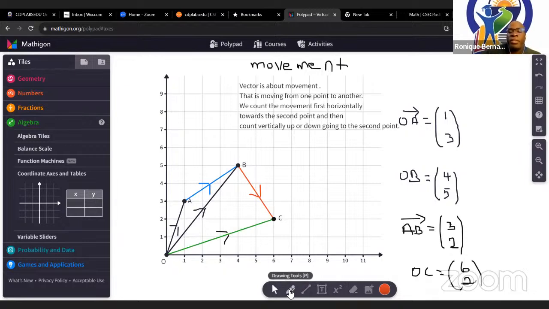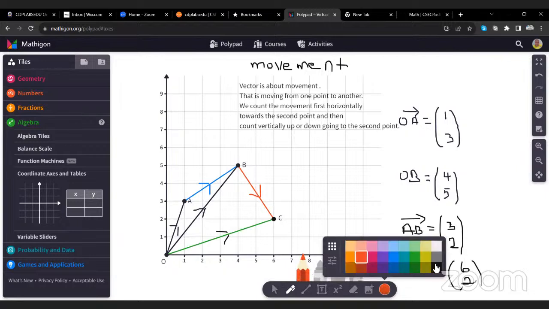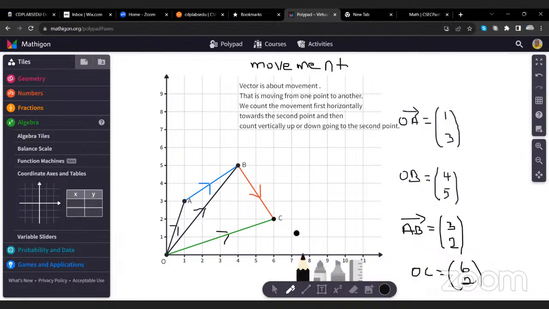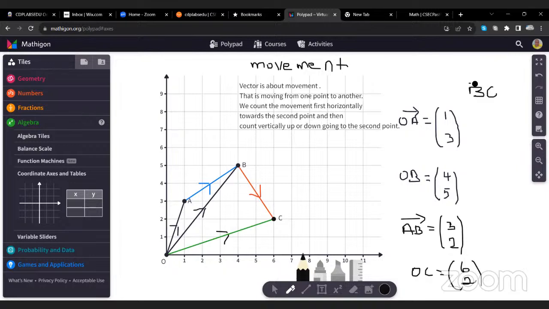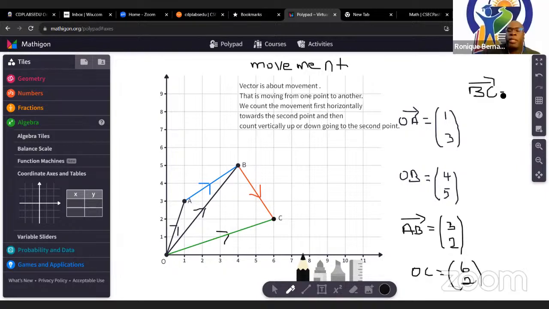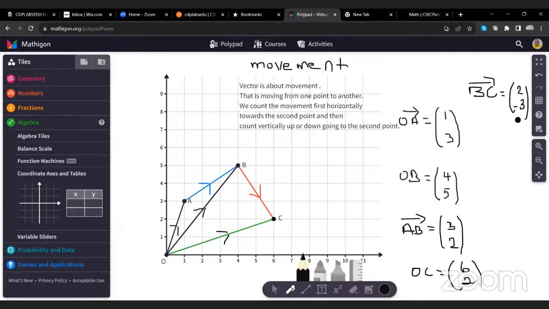What's the vector for BC now? So 2, 3, 2, 3, negative 3. Very good. So BC, negative 3, correct, sir? Yes, that's correct. No, it is 2, negative 3. Why did you say negative 3? Tell us why it's a negative 3. Right, go down, sir.